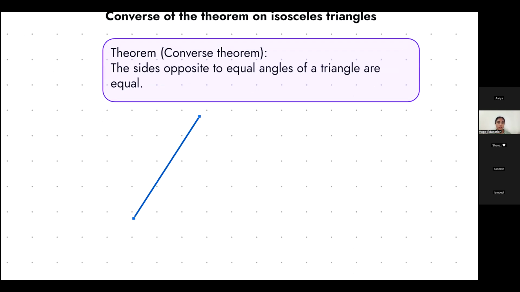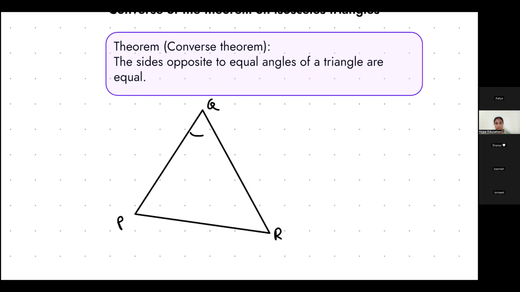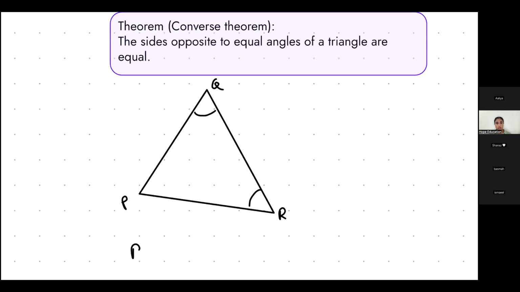So let's say we have a triangle like this. Let's label this as PQR. They have given that this angle and this angle are equal. PQR equals PRQ. That is given.